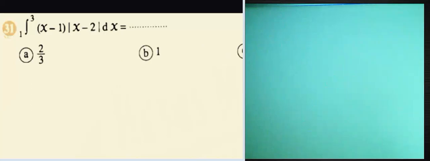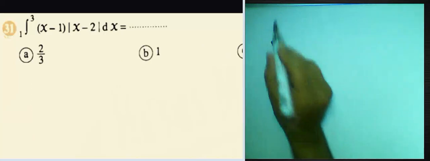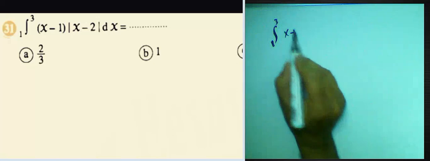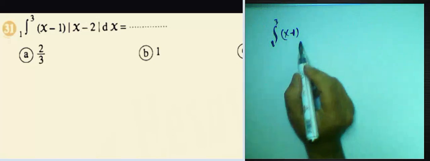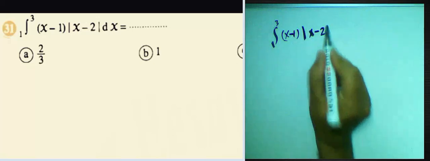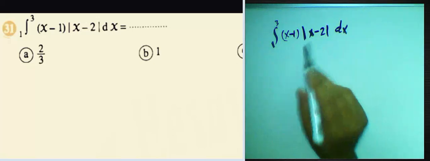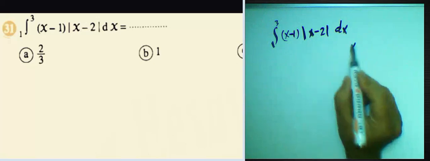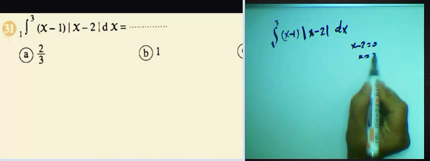Integration here from 1 to 3, x minus 1 multiplication by absolute value of x minus 2 dx. We can convert this function, put x minus 2 equals 0, then x equals 2.